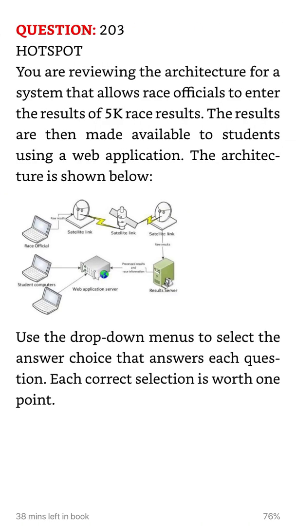Question 203, hotspot. You are reviewing the architecture for a system that allows race officials to enter the results of 5K races. The results are then made available to students using a web application. Use the drop-down menu to select the answer choice that answers each question.